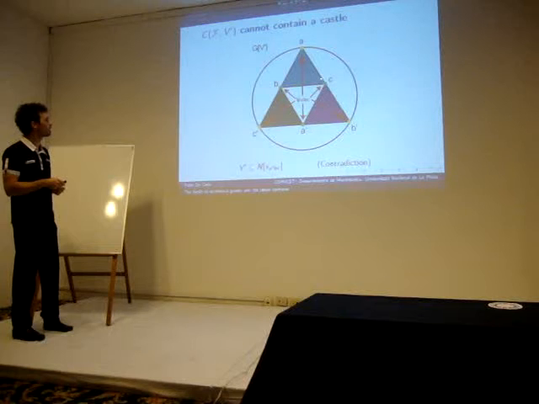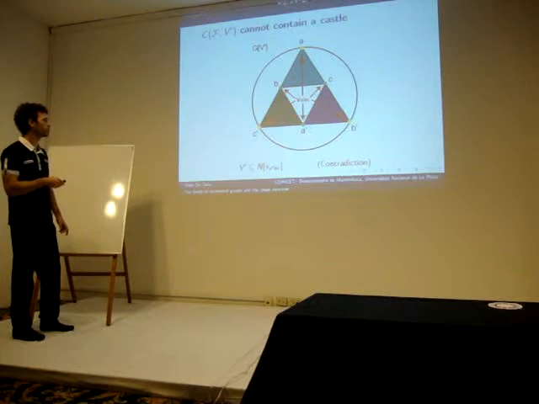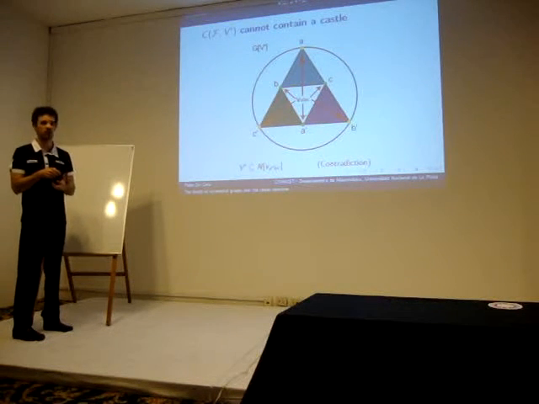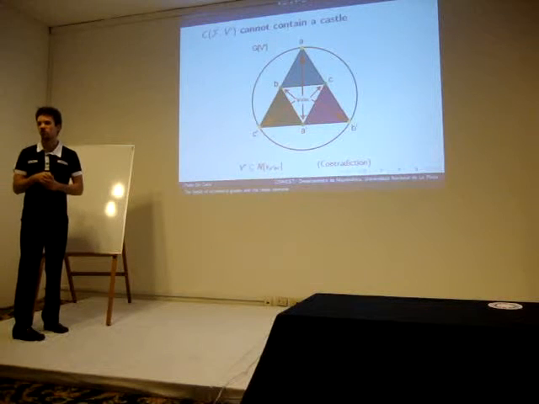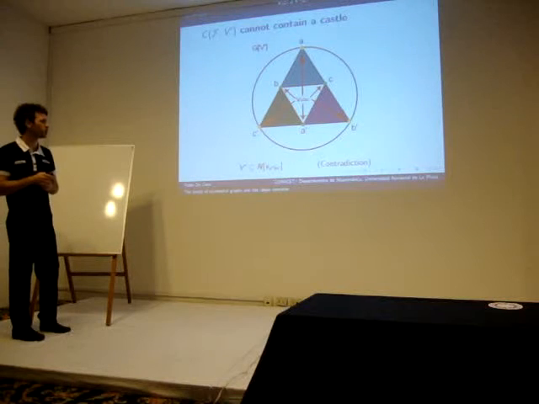It is defined as three triangles that always intersect at a single vertex. In that case, if C of F prime contained this castle, it would happen that the vertex B sub A prime BC, because of the reasonings of the previous slides, will be adjacent to all the vertices of B prime, and I had mentioned before that no vertex can be adjacent to all the vertices of B prime. So it cannot be a castle.